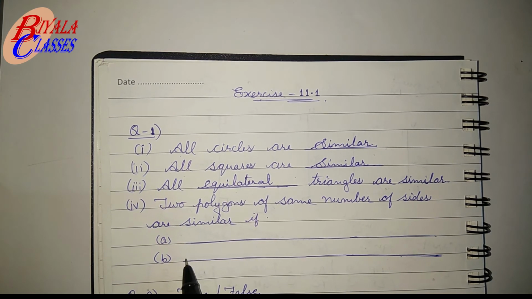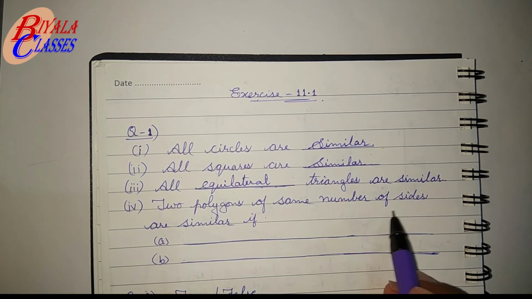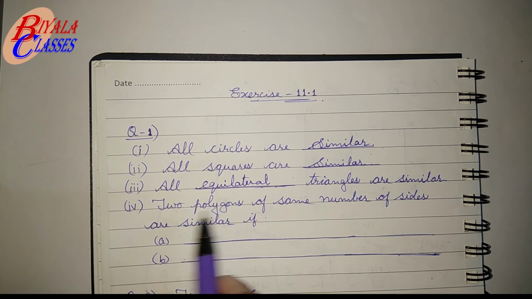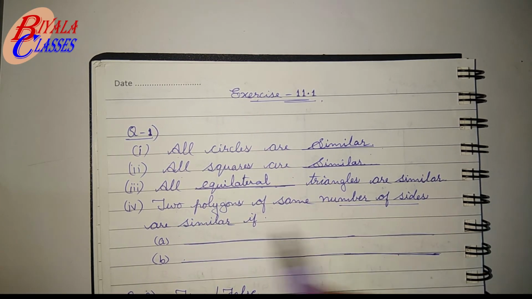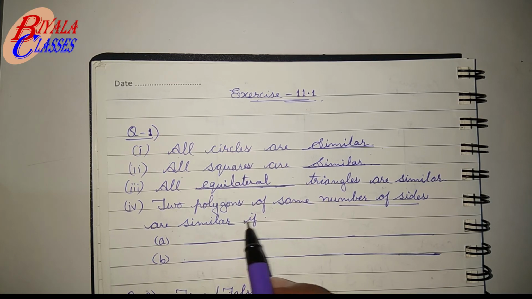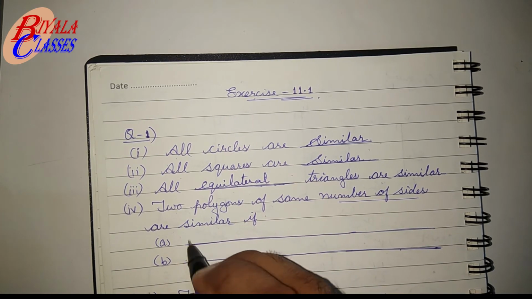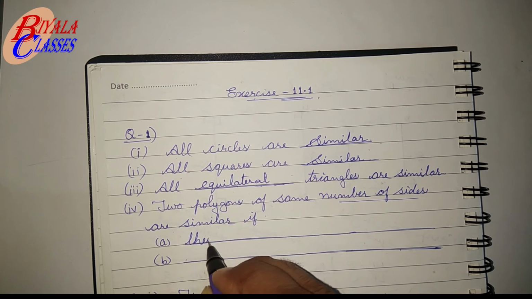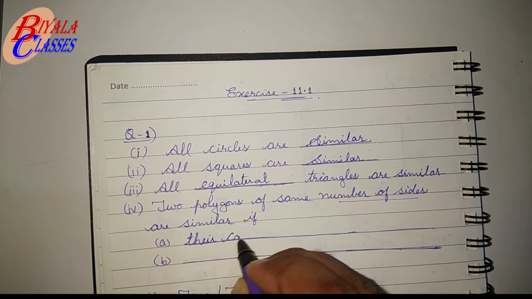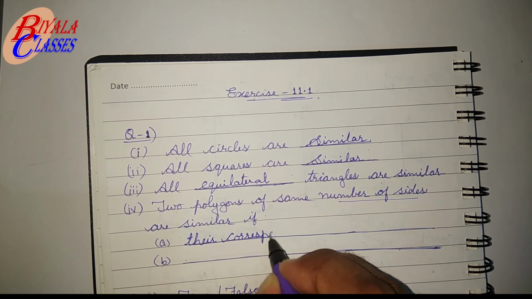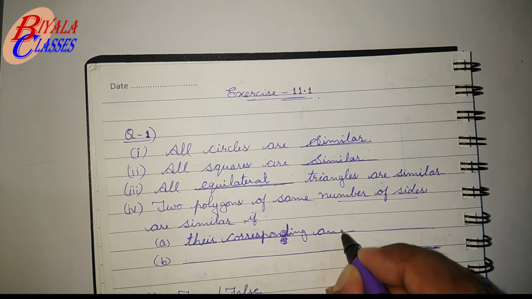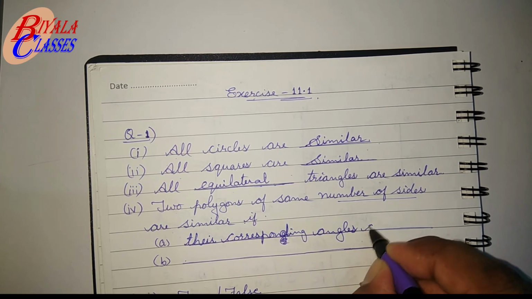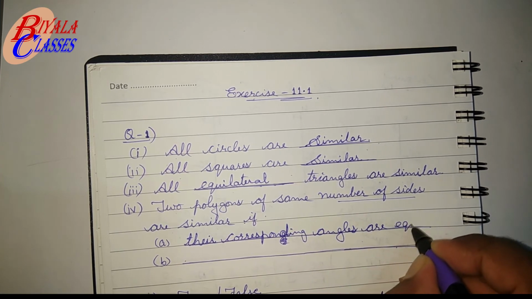Now next is two polygons of the same number of sides. If you have two polygons having the same number of sides, they are said to be similar if, now when will they be similar? The first is if their corresponding angles are equal.